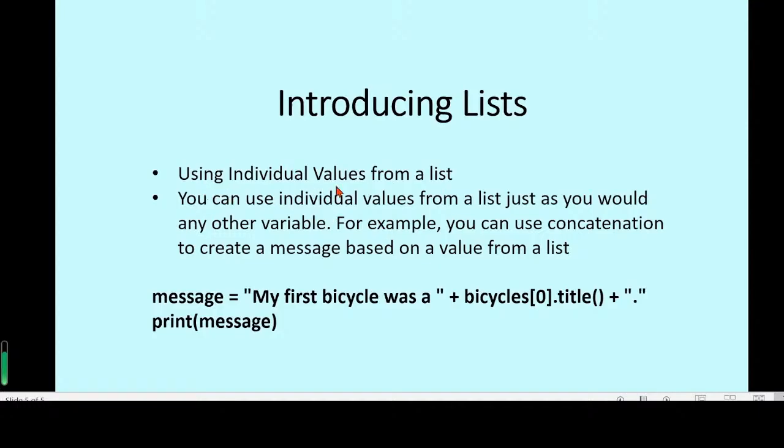You can use individual values from a list just as you would any other variable. For example, you can use concatenation to create a message based on a value from a list. We can get the first bicycle and use its title form, then concatenate this item with this string and this string.